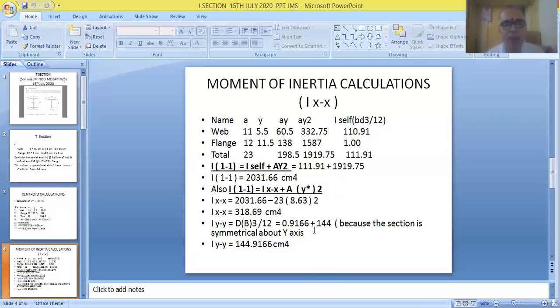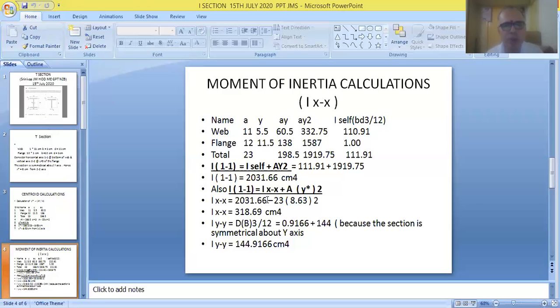Friends, finally we have one more formula for getting the value of IXX. So we have to find out the value of IXX. So we have the second formula. IXX is written as I11 plus sigma A into Y bar whole square. So we got the value of I11, we got the value of sigma A, and earlier we have calculated the value of Y bar.